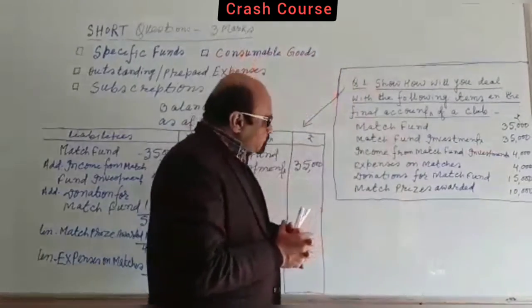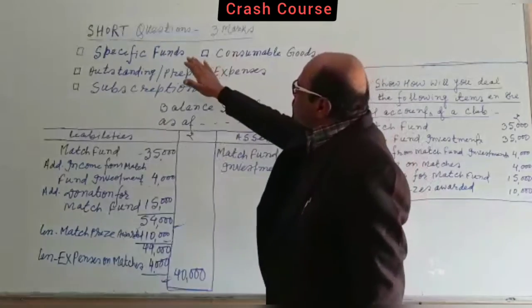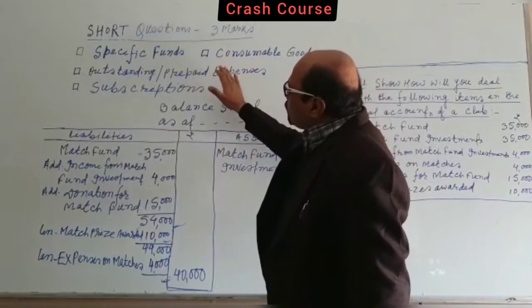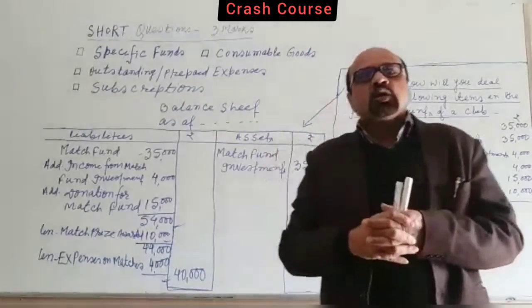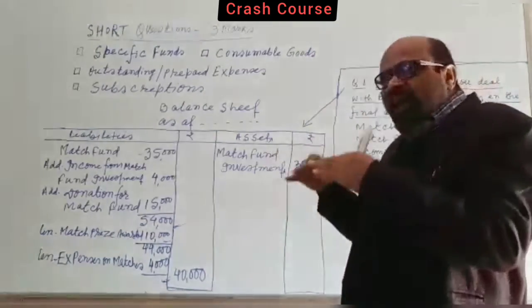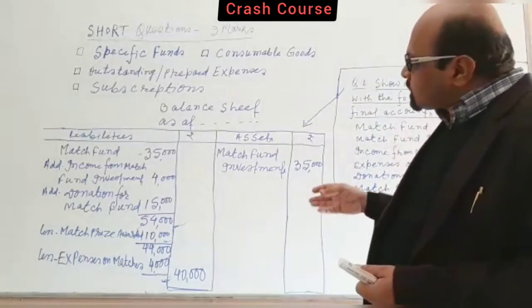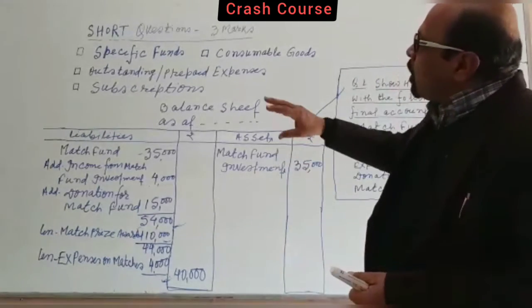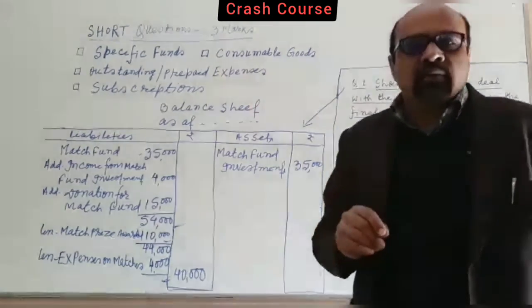Dear students, we'll solve step by step all these short questions from different topics, and then we'll solve 6 marks questions. So it will be helpful for you while solving the question of 6 marks, because in all the 6 marks questions, all topics related points are given, right?